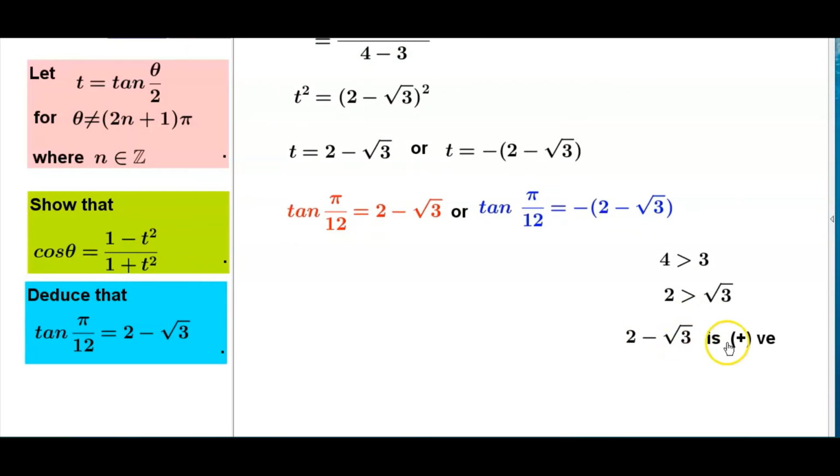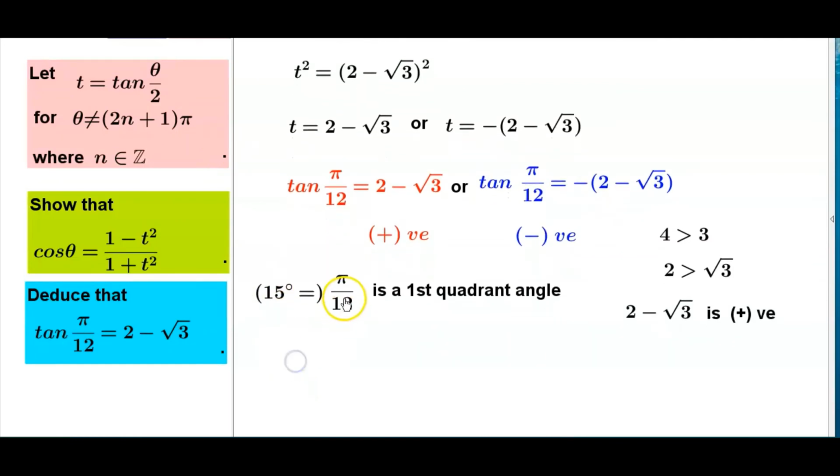Therefore, 2 minus root 3 is definitely a positive quantity. Now this one is positive, but this one is positive times negative, so it is negative. Therefore, this one is a negative quantity.